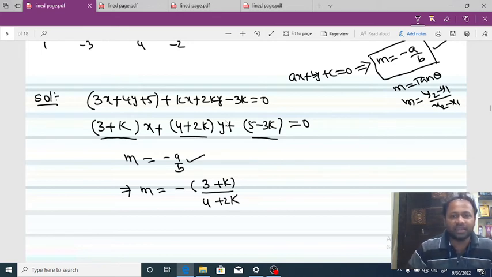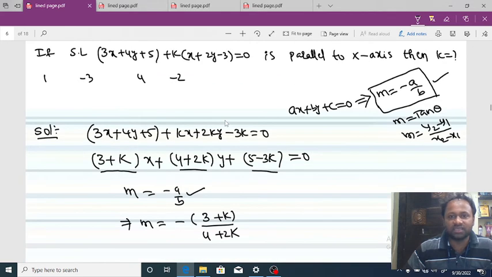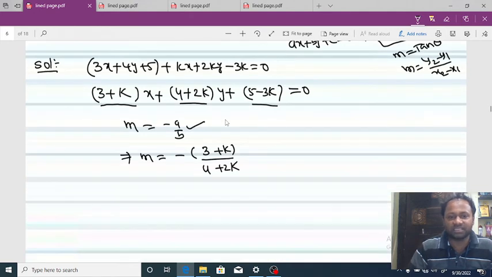And in the question what was given, it is parallel to the x-axis. Whenever a line is parallel to the x-axis, see, this is the form, x-axis. Okay, the given line is like this. Whenever the line is parallel to the x-axis, the slope of the line is 0. Then the slope of the given line is also 0.